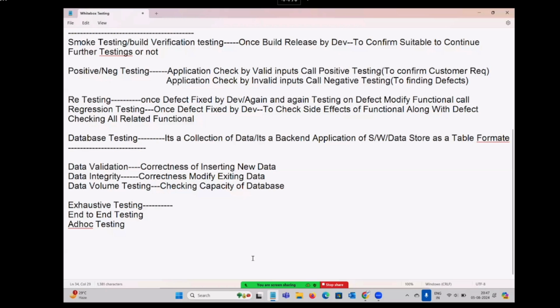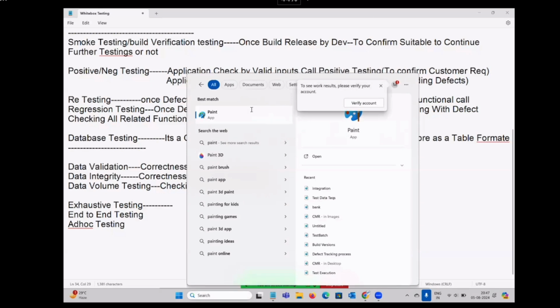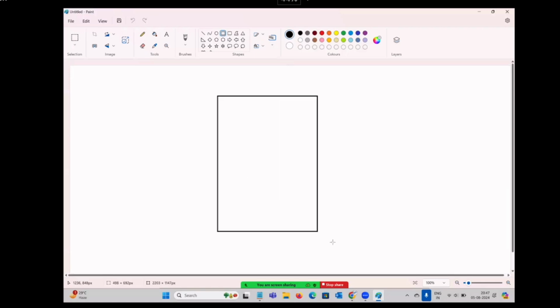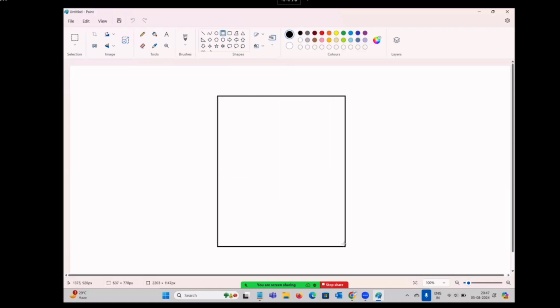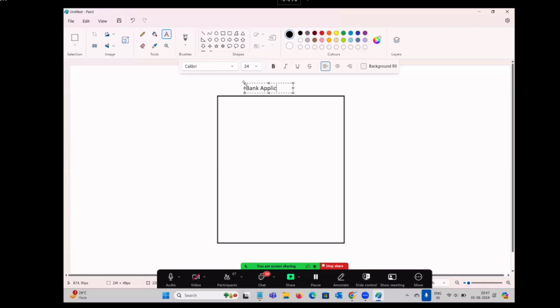Let me show one small diagram here in the Paint application. Let's open an example: a bank application.